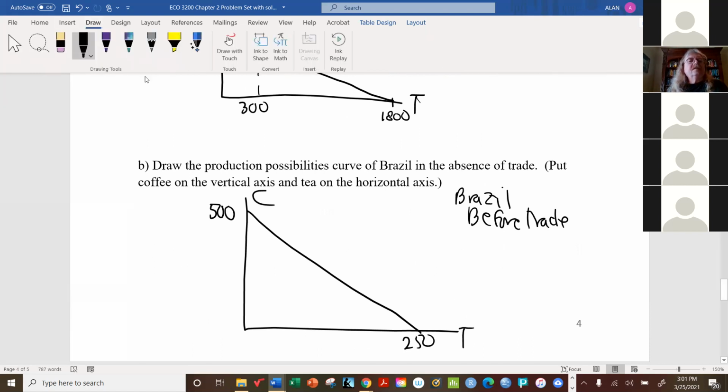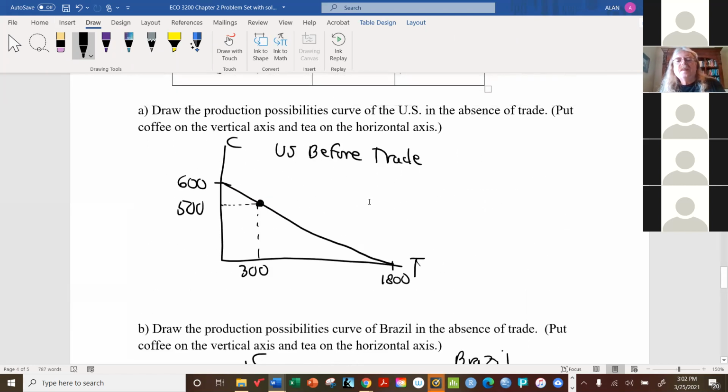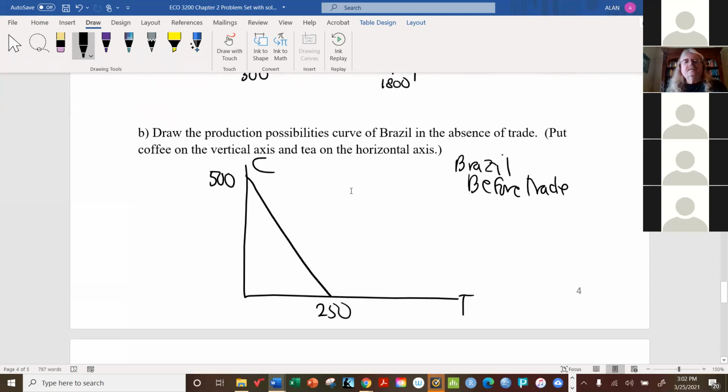Let me try that again. It should look more like this. It should be very steep. Okay, now we're getting somewhere. And then they decide to produce 200 teas and 300 coffees. And that's where Brazil is currently producing in the absence of trade.